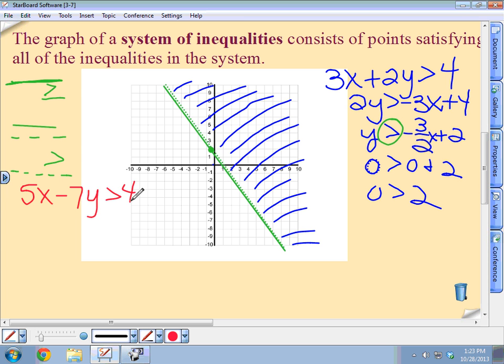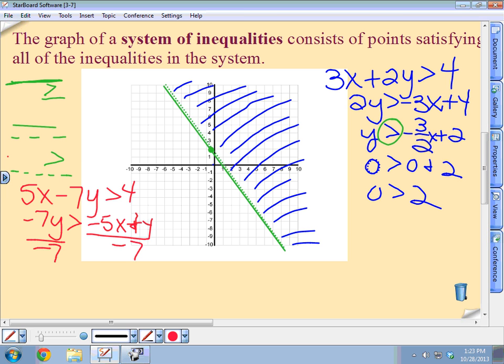Okay. So in order to do this, I want to find the associated equation. I'm going to pretend I have an equal sign there and solve for y. So I'm going to subtract my 5x, and that's a plus sign. Then I'm going to divide by negative 7.